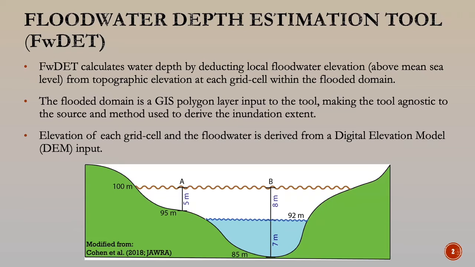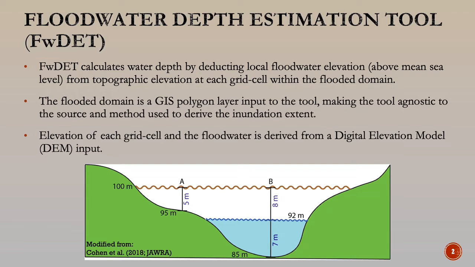The first version of this tool was developed a few years ago and was first published in 2018. In that 2018 paper, we outlined the concept behind this tool, and as you'll see, it's a very simple GIS-based approach.